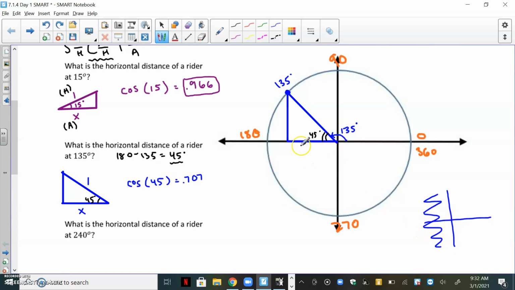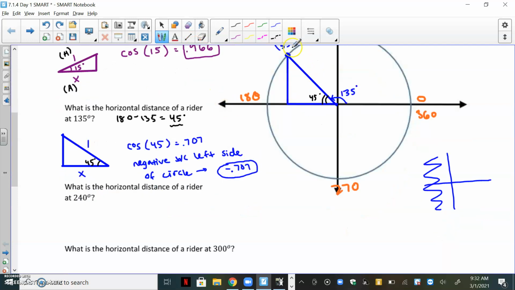And you can think of cosine as x values since it's horizontal. So if you're on the left side of the circle, your cosine has to be negative. Okay, left side. So really, this is going to be the correct one.